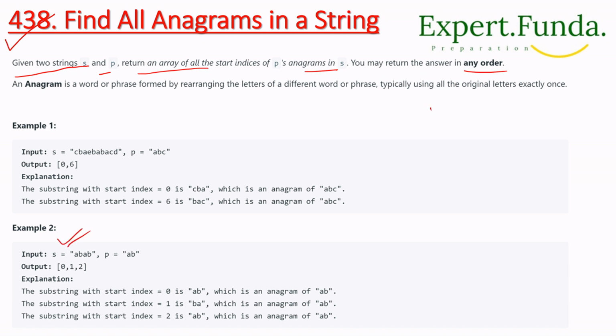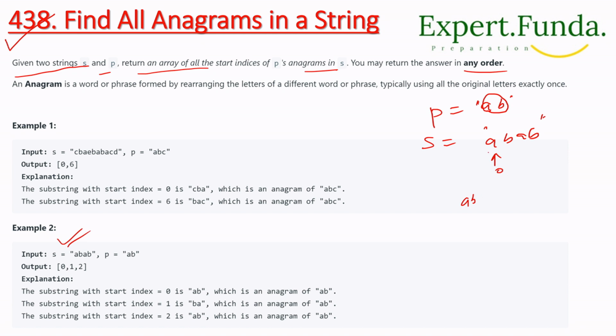Here p is given as ab, and in s we have given abab. This is a smaller one, so we are taking this one. Now see, is ab available in this? If I go to index 0, we can see we have a and b.